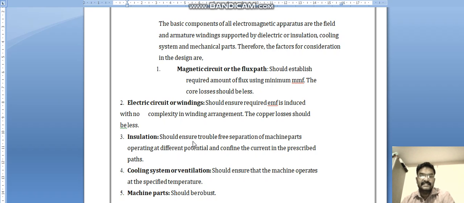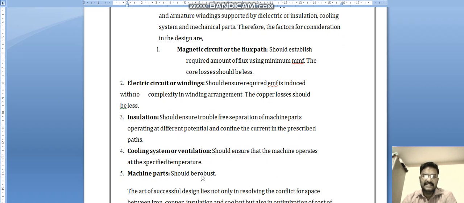If the temperature increases in the copper wire, the insulation on the copper wire will be eliminated, and a short circuit may occur. The cooling system or ventilation should ensure that the machine operates at the specified temperature. If the temperature is in the specified range, the machine will work with good efficiency. That is the major role of the cooling system or ventilation.